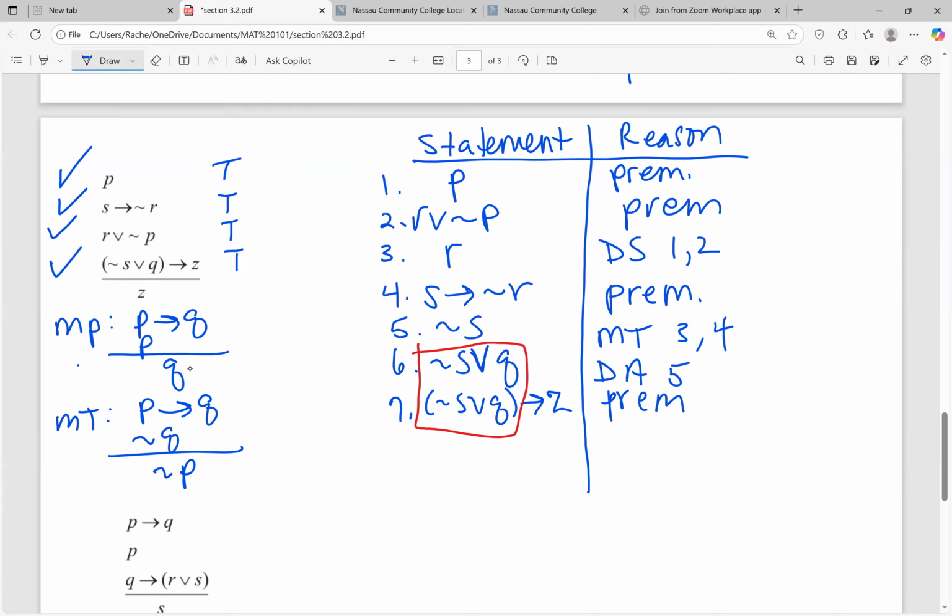And that is the pattern for modus ponens, right? So we're going to be left with the conclusion Z. And that is the conclusion to my argument, right? So that was modus ponens on statements 6 and 7. And then that concludes this formal proof, right? Because we listed all our premises and then we were able to show the conclusion is true.